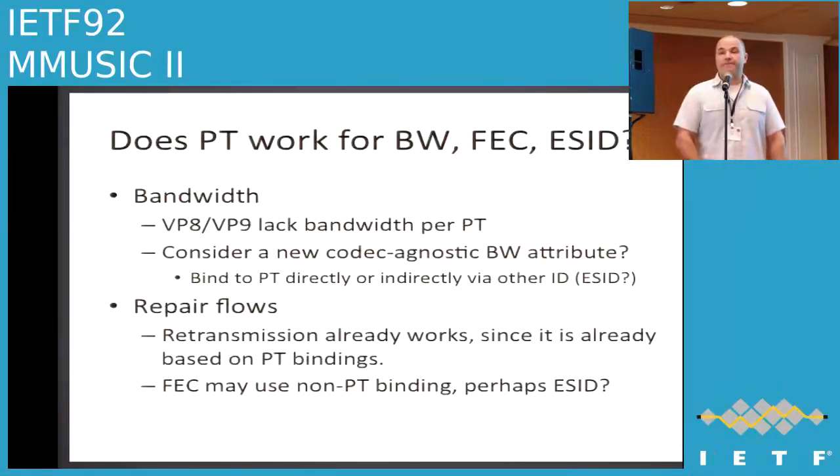Go ahead, Harald. Just a question. What do you mean by bandwidth per payload type? I was trying to find the bandwidth in the examples and I couldn't find it. Lack of bandwidth per payload type. No, I mean, I was trying to find the bandwidth in the H.264 examples. I couldn't find it. It's a rare case. For simulcast, you typically don't want to send two different bandwidths with the exact same resolutions. No, I agree that it's useful, but I couldn't find an attribute in the examples for H.264 that specified the bandwidth.